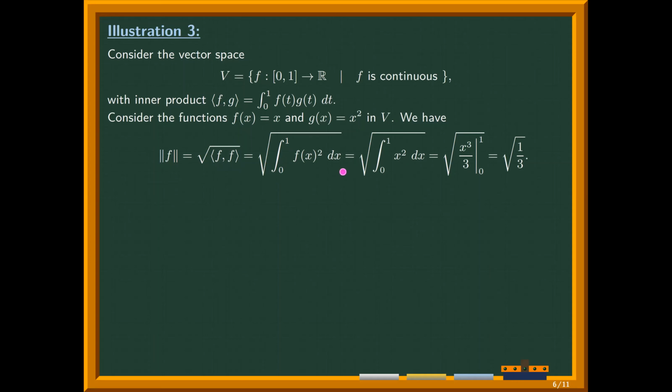Because f of x equals x, we just need to compute the integral from 0 to 1 of x squared dx and take the square root. We can easily compute the definite integral. The definite integral is 1/3. And so the length of vector f is square root of 1/3.